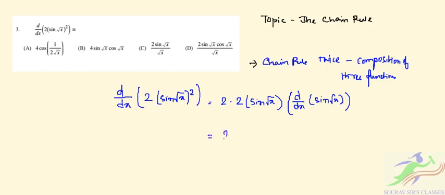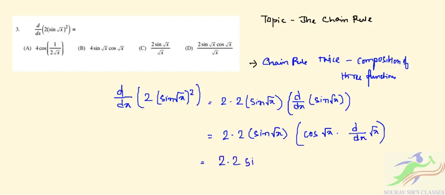So it will be 2 sine root x, then we will have this cos of root x, then again we have this d/dx of root x. So these are the 3 steps. So simply we can do this: 2 of 2 sine of root x, it will be cos of root x, and d/dx of root x is 1 by 2 root x.